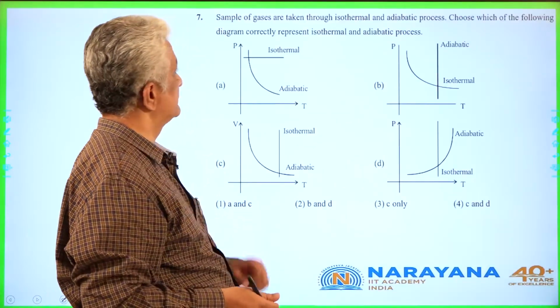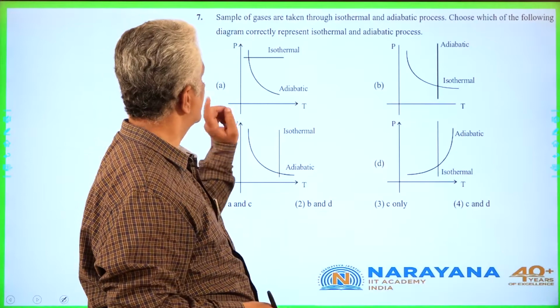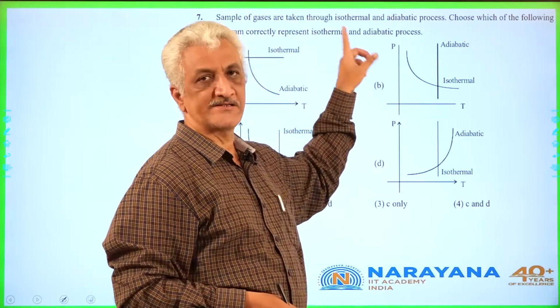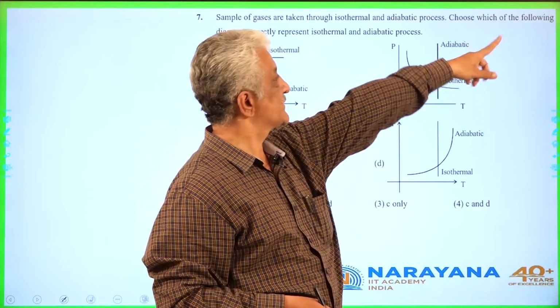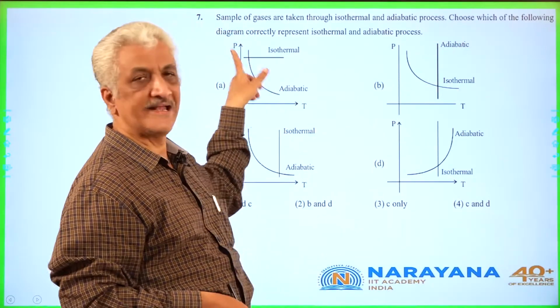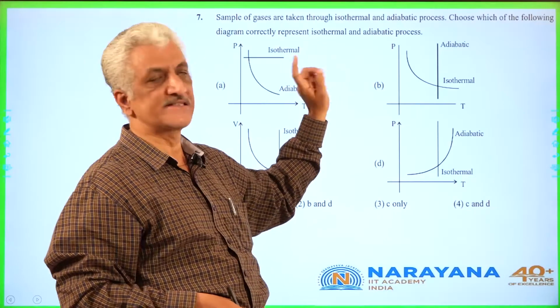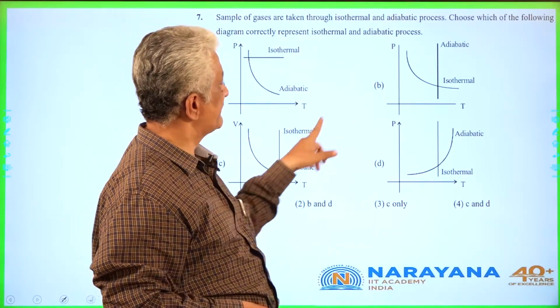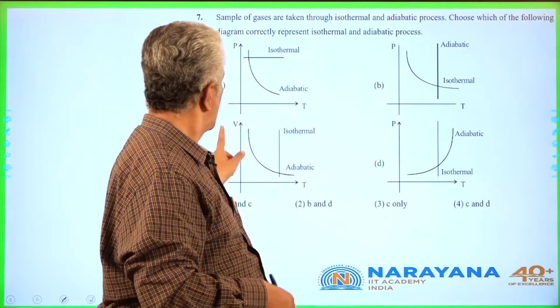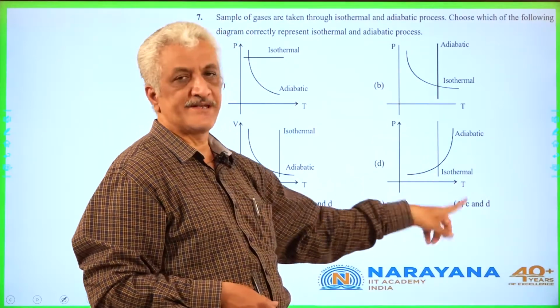Next, seventh one. It is given that a sample of gas is taken through an isothermal or adiabatic process. Choose which of the following diagrams correctly represents the isothermal as well as the adiabatic process. Different graphs are given: the first is a PT graph, another a PT graph, another a VT graph, and the fourth a PT graph.